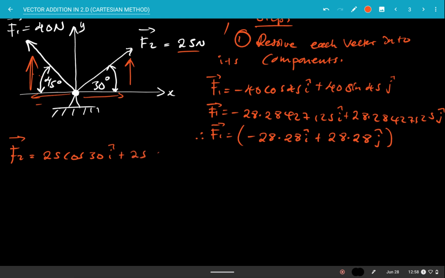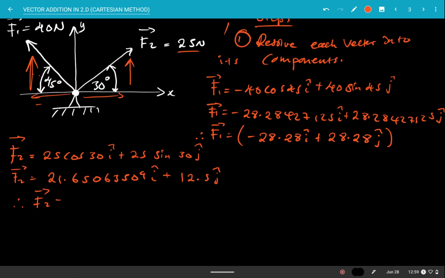Yes, 25 sine 30 in the J. If we compute this on our calculators, we'll have 21.65063509 in the I, plus 12.5 in the J. Rounding this off to 2 decimal places, we have F2 being equal to 21.65 in the I, plus 12.5, you can just write 12.50, in the J. And these are our components.